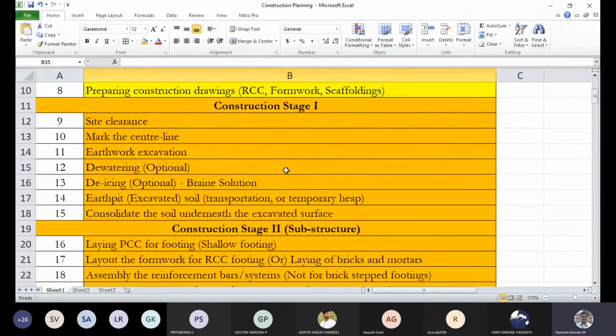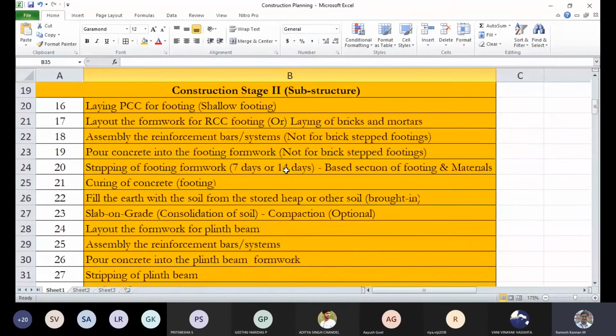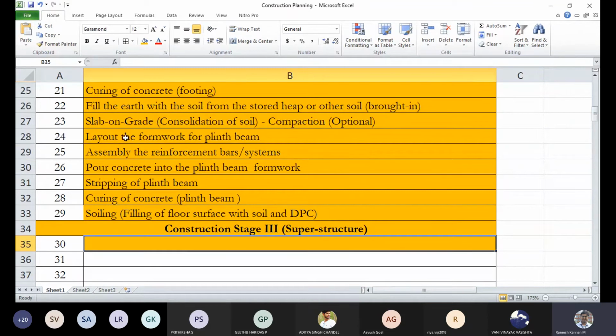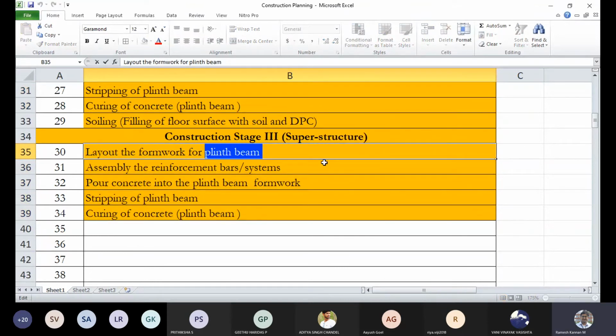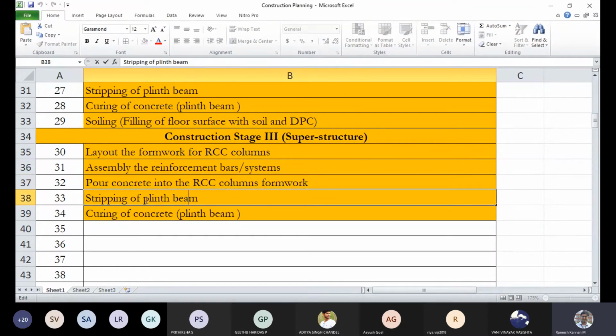So this is for a small construction. Think of bigger construction projects, and we see that will be enormous. So the third phase is a very interesting thing, and all the processes remain the same, like layout, pour, strip, and cure. So first one will be RCC columns, then reinforcement for RCC columns, then pour concrete into the RCC column formworks, then stripping of RCC column formwork.